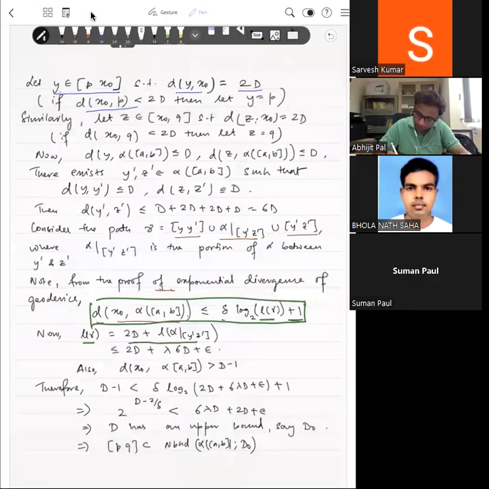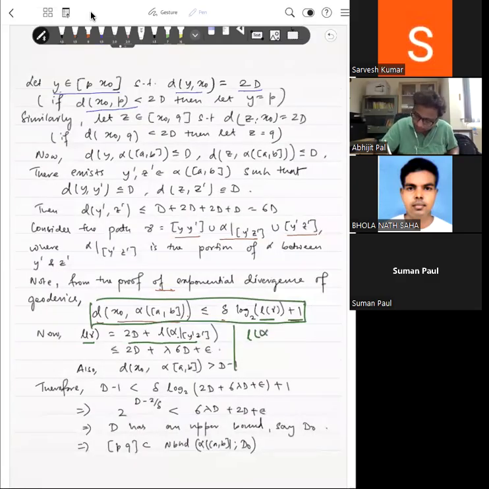Now you apply that alpha is a quasi-geodesic. Again, take the parameterization of alpha to be arc length.